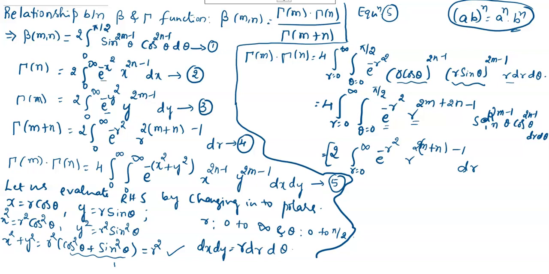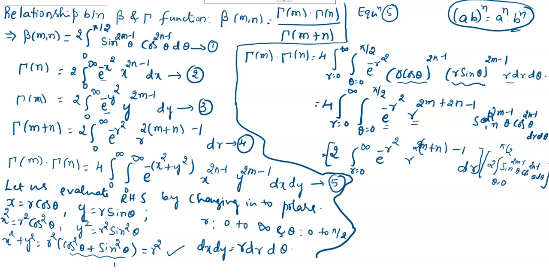Okay. And another term, I'm going to write it down: twice the integral theta equal to 0 to pi by 2 sine to the power of 2m minus 1 theta cos to the power of 2n minus 1 theta d theta.